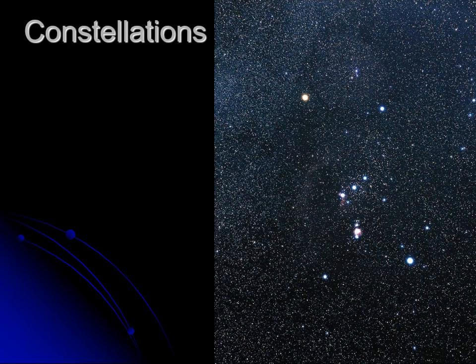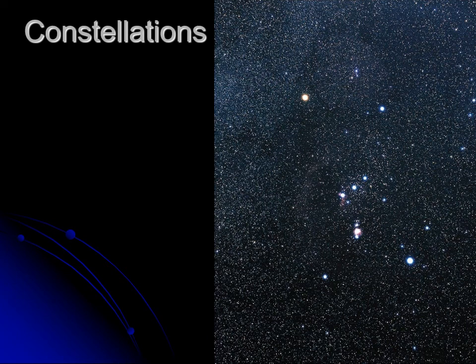Okay, so constellations. One of the things that we learn here when we start looking into the sky are constellations. And I'm going to post a map for you that gives you a map of the sky. We can go out and start looking, and it marks constellations. Now, what do we have here?